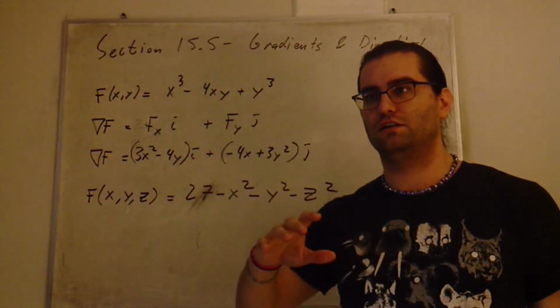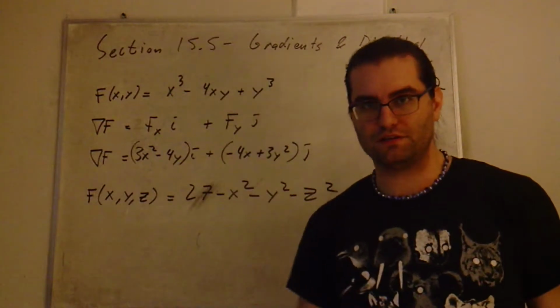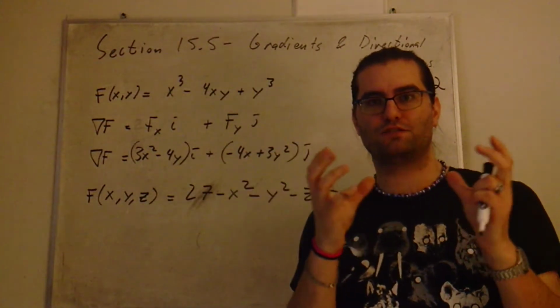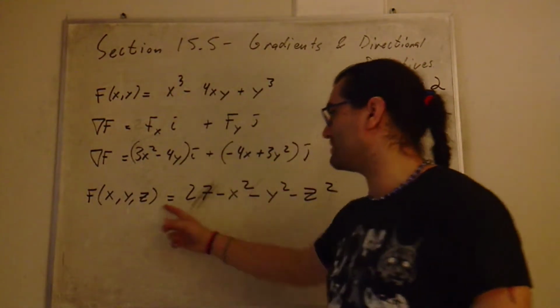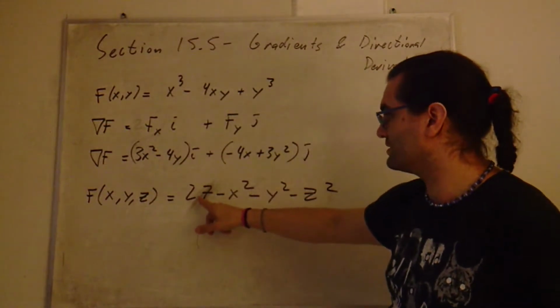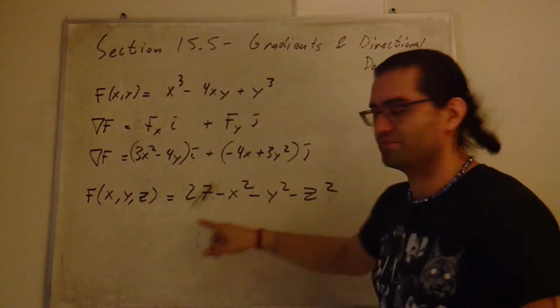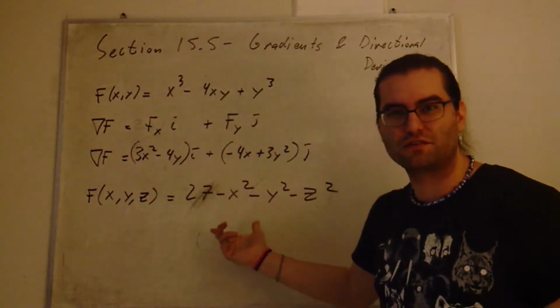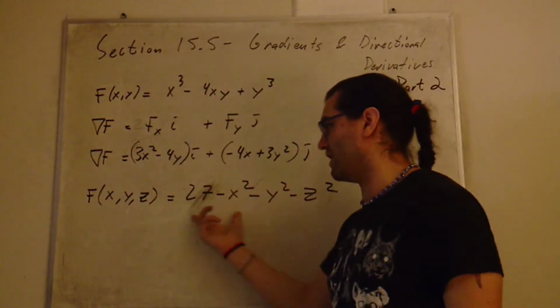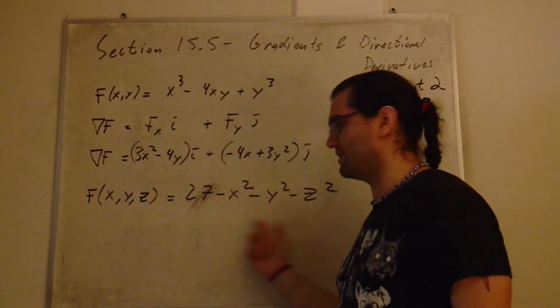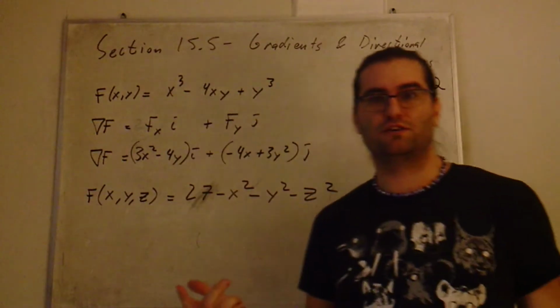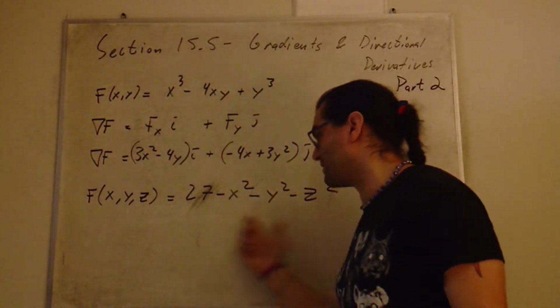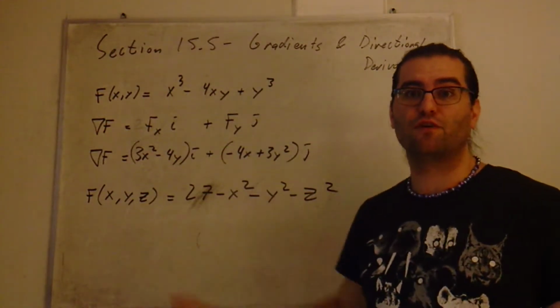At any point in 3 space, you can choose that point x, y, and z, and you can plug it into this function to get something. Maybe this is a density function. Maybe this will tell you the density of a certain object at this point within that object. Maybe it'll tell you the temperature of something. I don't know. I have no idea what this represents.